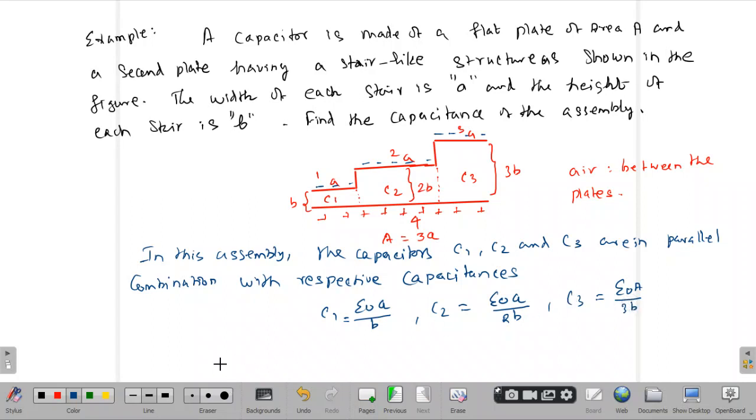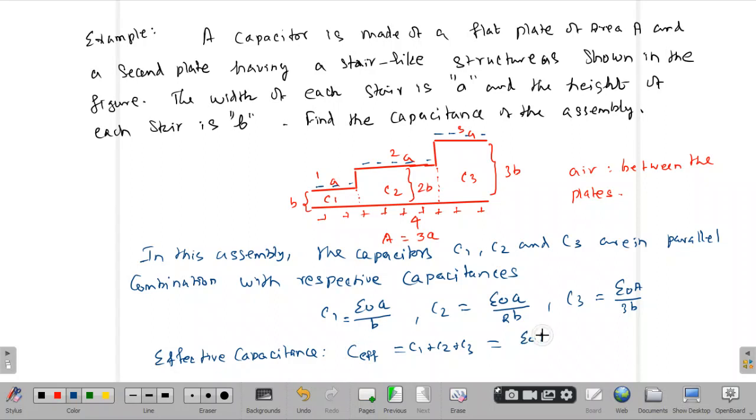Because of parallel combination, the effective or net capacitance of this assembly, C effective, will be equal to C1 plus C2 plus C3. Epsilon naught A by B is a common factor. Am I correct?